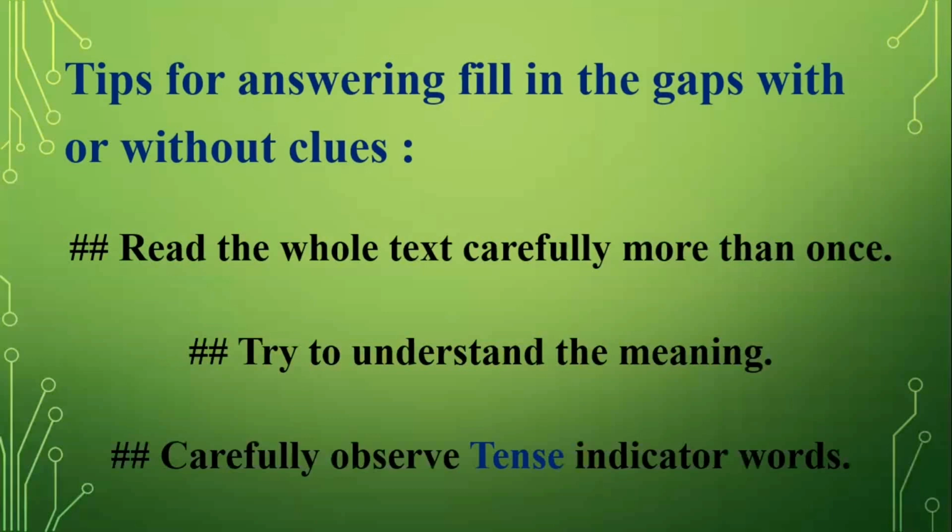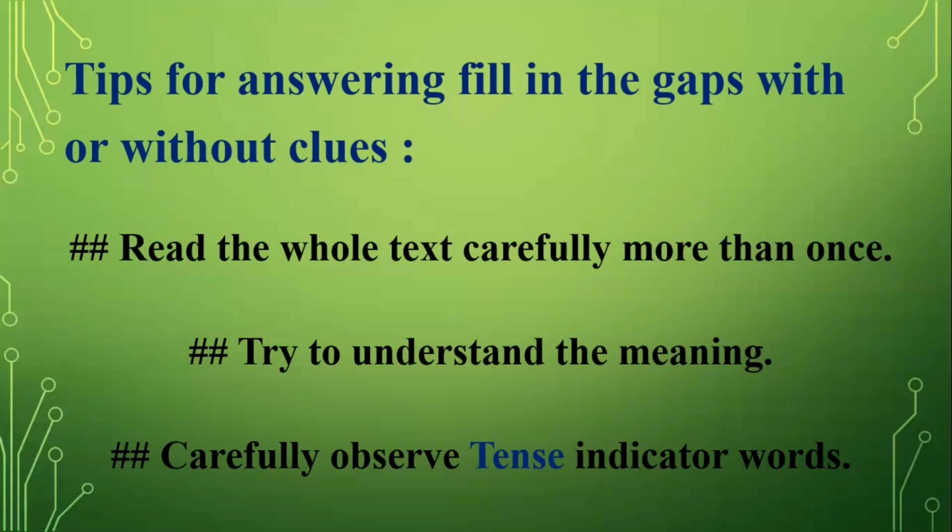Next one is to carefully observe tense indicator words. Yes, my dear students, sometimes you can find words like daily, regularly, occasionally that indicate the present tense. Then you can find yesterday, ago, last, which indicate past tense.